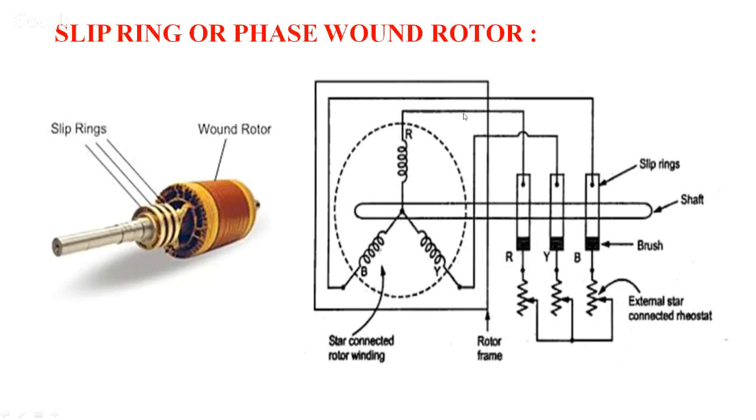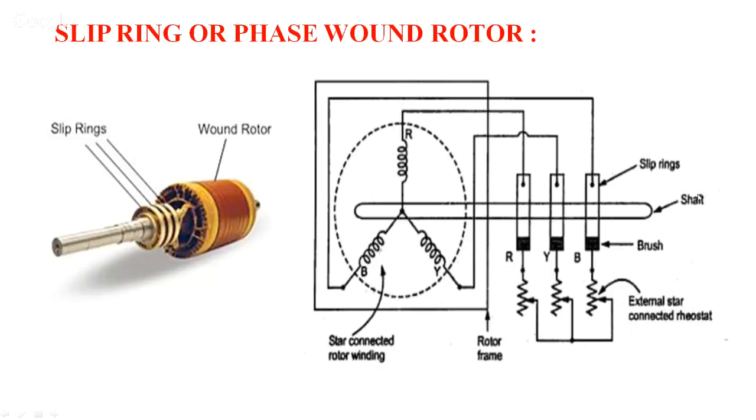The other end of the phase winding, you can observe, is connected to slip rings. So R is connected to R here, B is connected to B slip ring here, and Y is connected to Y. R, Y, B, these are the brushes which are placed on the slip rings, and to these brushes external rheostats are connected to control the speed of the induction motor.